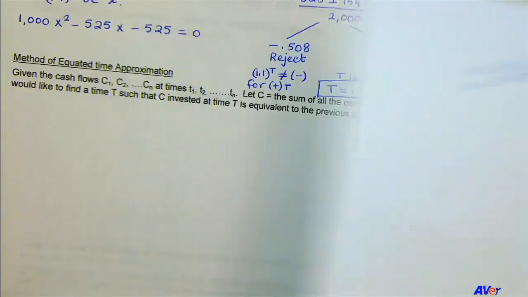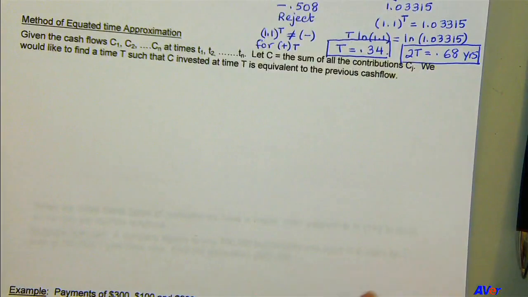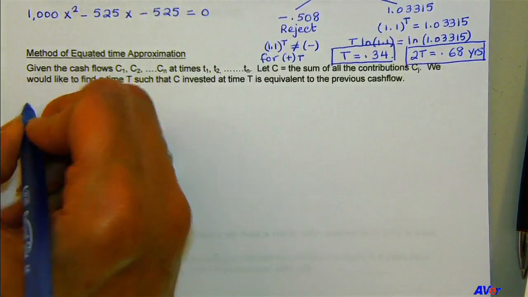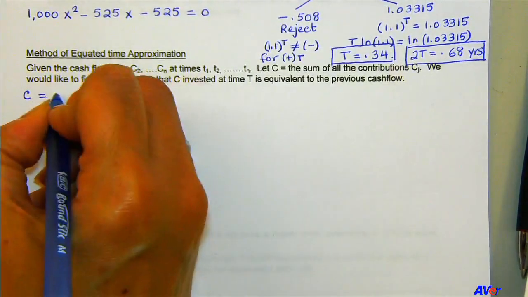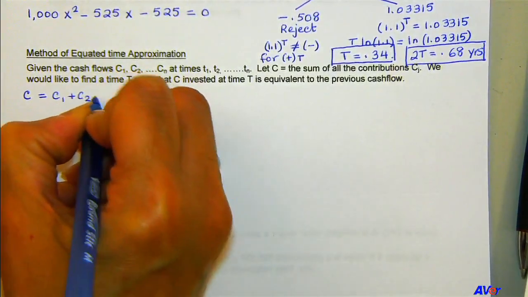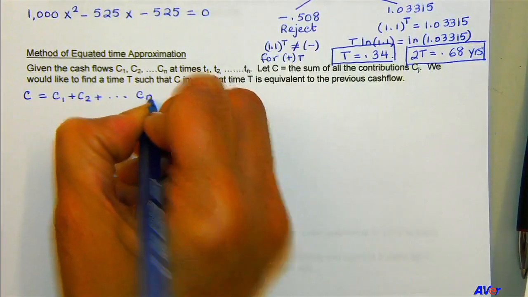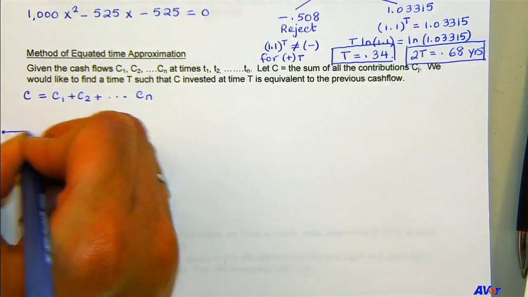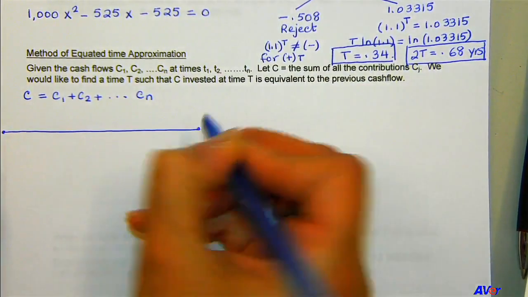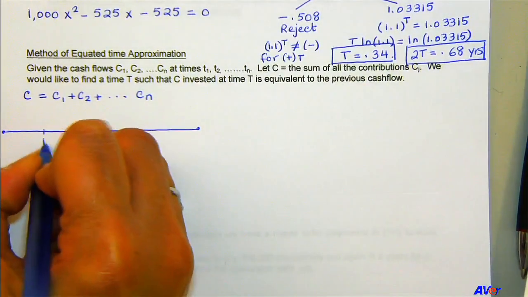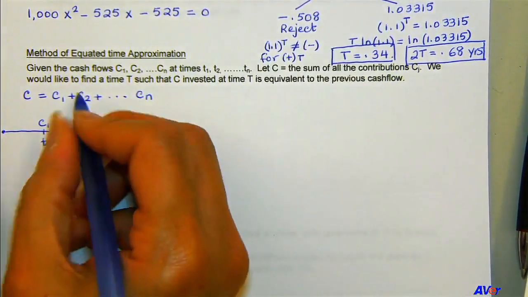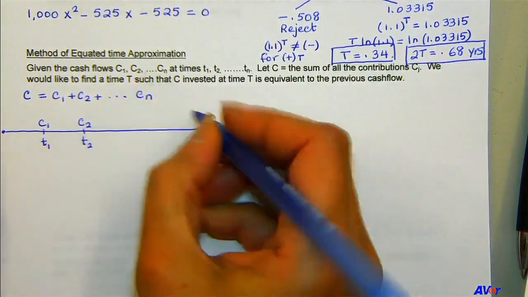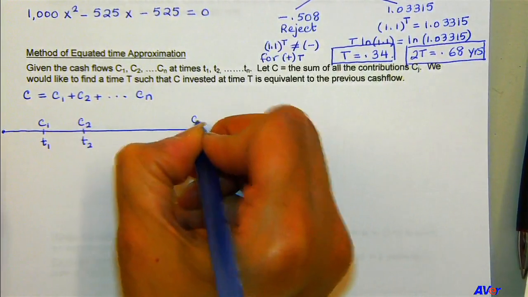So let's go see how we do this. So first of all, C, that's the total contribution, is C1 plus C2 plus ... Cn. And let me draw a timeline. So at T1 I have C1, and at T2 I have C2, and at Tn I have Cn.